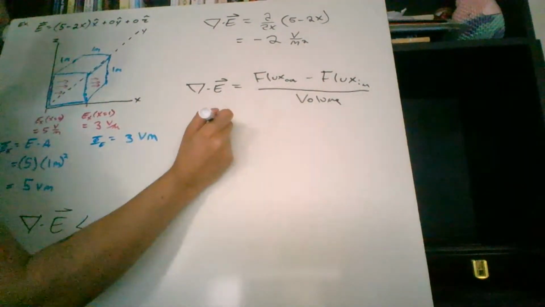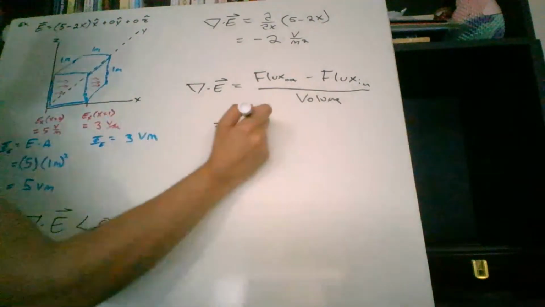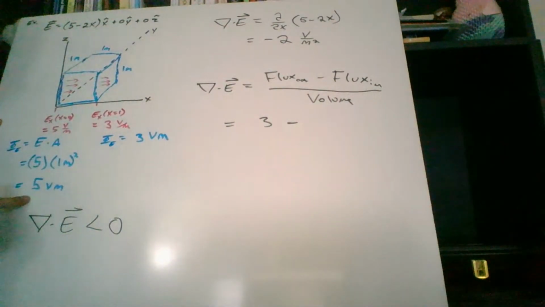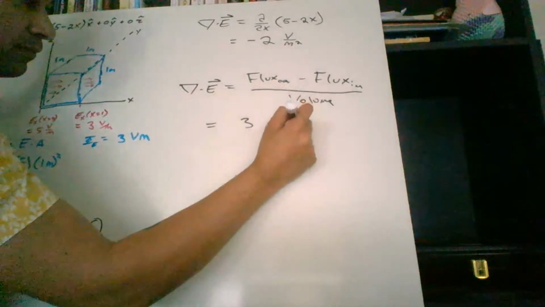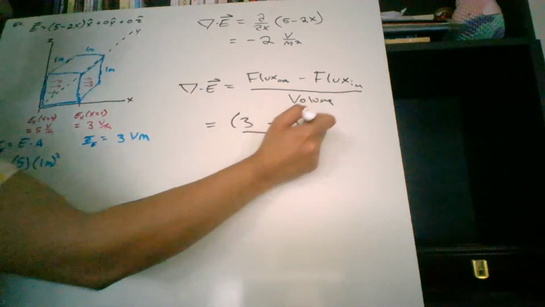So let's try that out. The flux going out is 3. The flux going in was 5. And all of this has the units of volt meters.